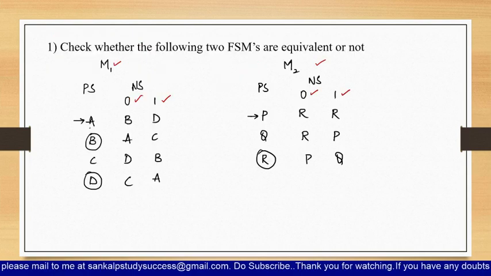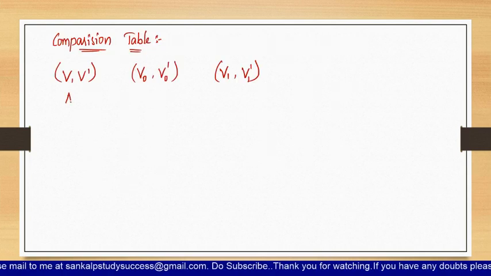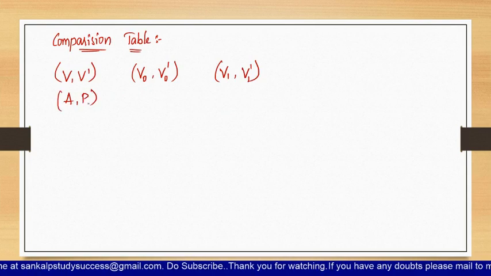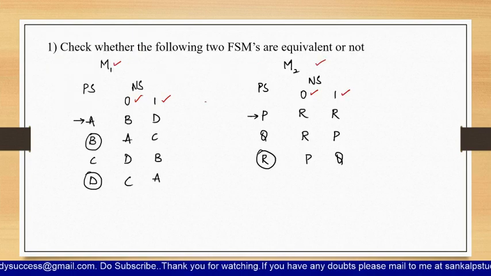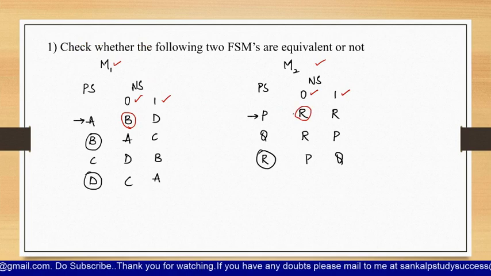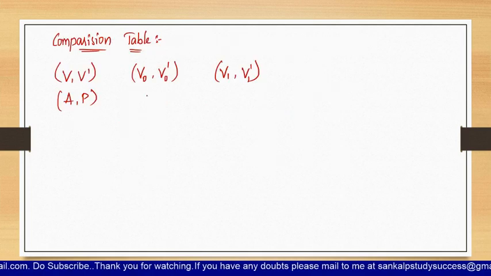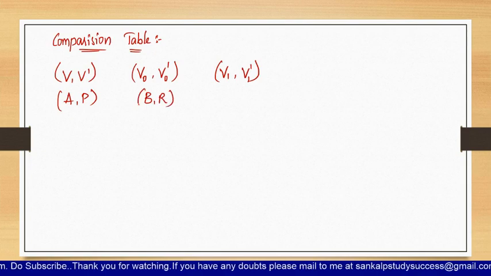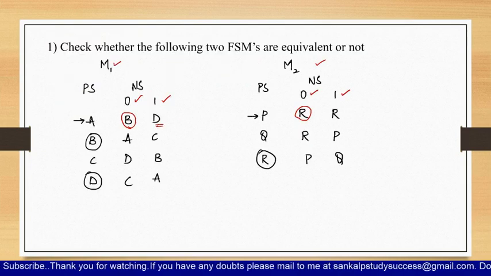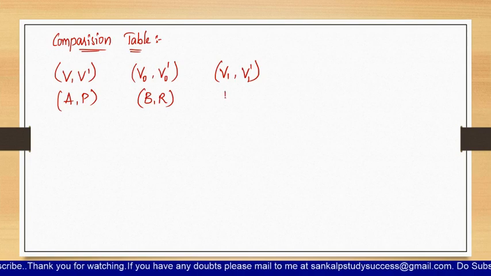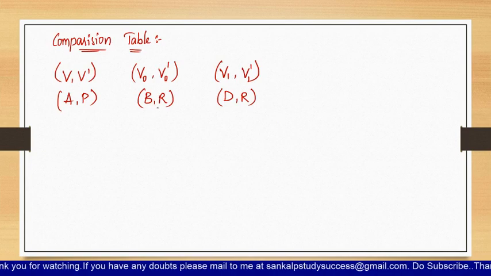Now let us start with the initial states A and P, where A is the initial state of M1 and P is the initial state of M2. If you apply 0 to A, you will get B, and if you apply 0 to P, you will get R. That means B and R. Now, if you apply 1, you will get D, and here you will get R. So D comma R. You have to check whether both are final states or both are non-final states.